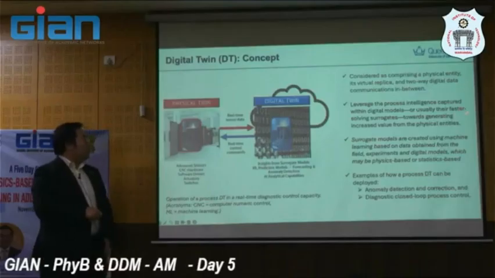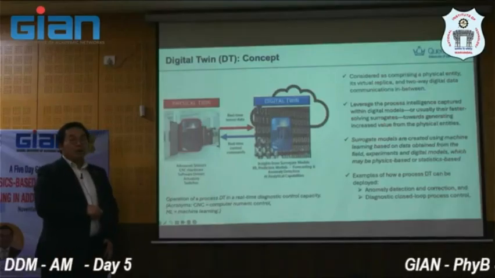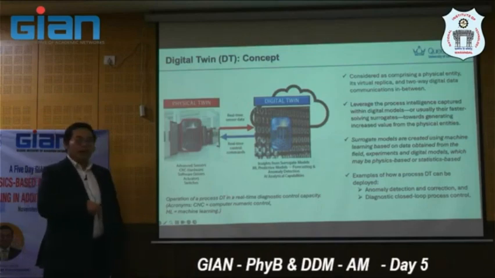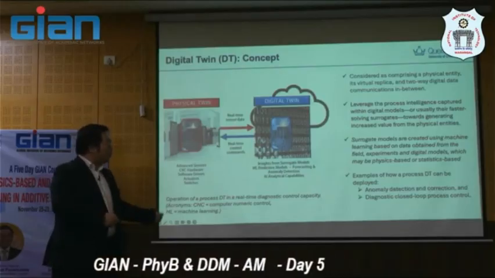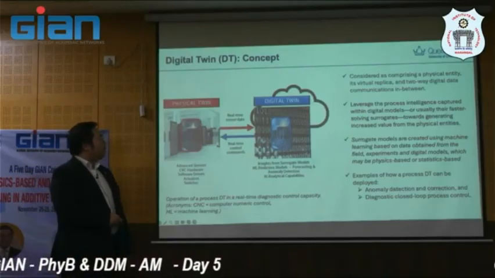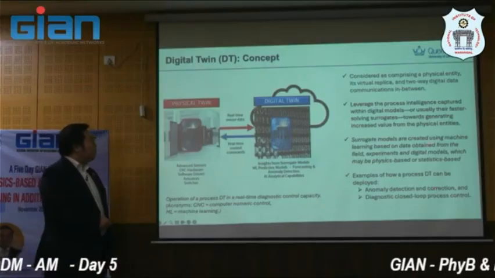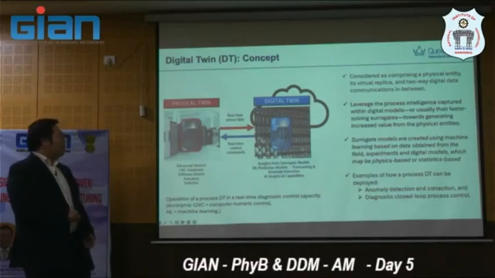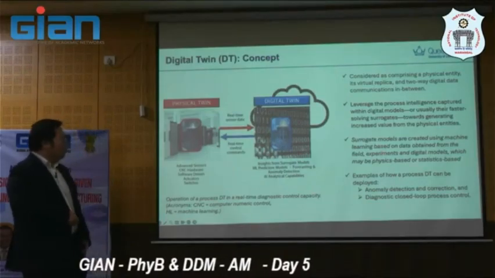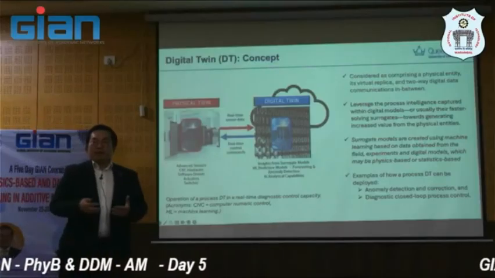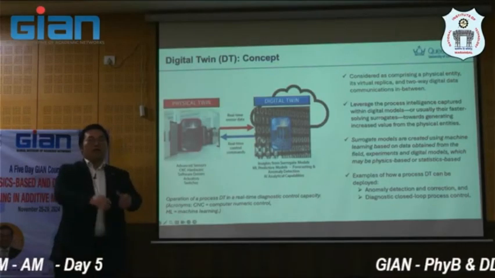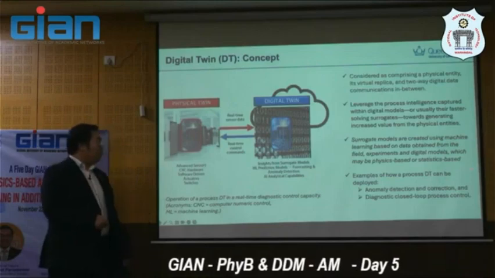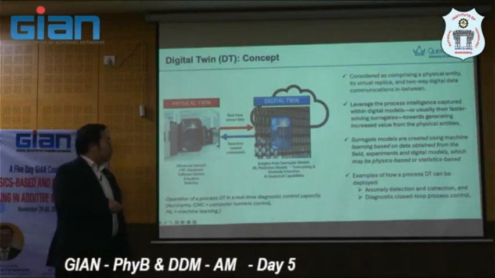That means this may be replaced by the surrogate model, for example a reduced order model, with some quality control aspect of the product, for example, for the physical entity. This surrogate model is created using, as I said, data-driven or machine learning from experiment. The digital model can be physics-based or statistical-based. Physics-based is what we talk a lot about, and statistical-based, probably the data come from experiment, for example, that you can feed into the digital model here.